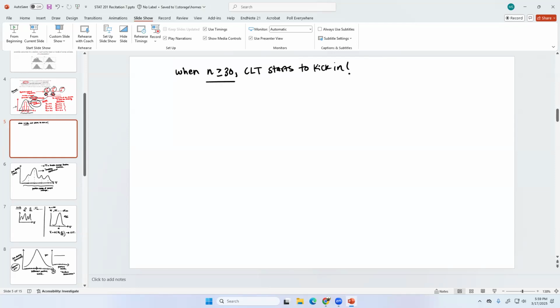The question is, how many samples do you need for the central limit theorem to work, right? A widely used number is 30. If you take samples more than 30, then the central limit theorem will start to hold. So n greater than 30 is a good lower bound. The more samples you have, the better. But what about the minimum? If somebody asks you, it'll be 30. 30 will be the minimum number of people you need. So this is the minimum requirement.